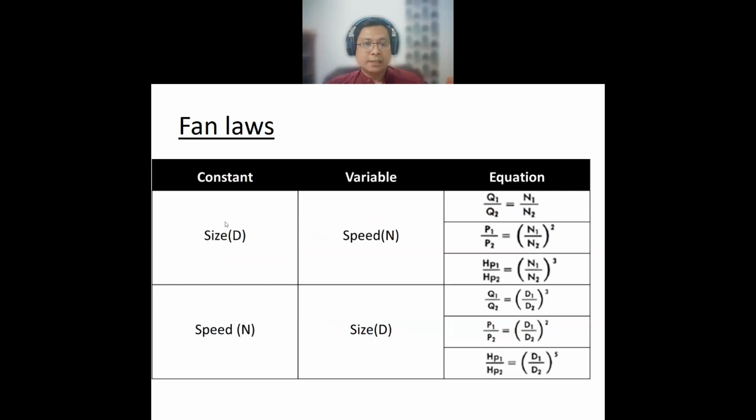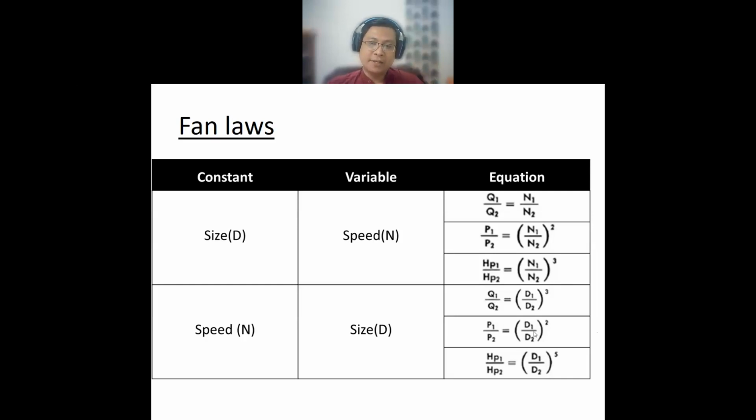And then, based on the speed, actually they have a relation: speed to size, CFM to the speed, static pressure to the rotation, horsepower to the rotation, and CFM to the size.